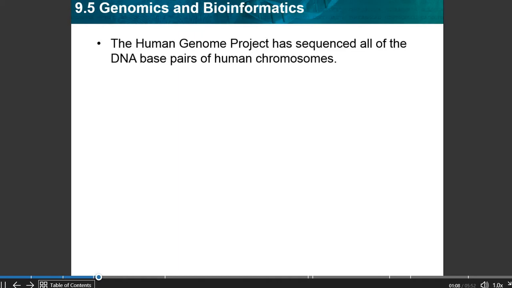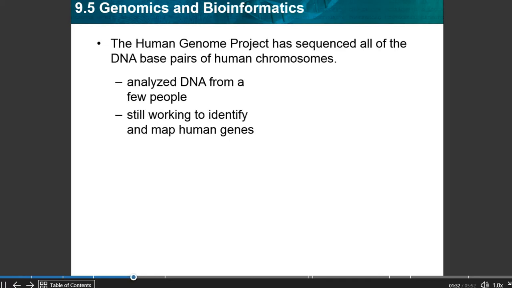The Human Genome Project was a project whose job was to sequence all of the DNA base pairs of human chromosomes. And we ended up having that done several years back, and we're able to analyze DNA from a few people.